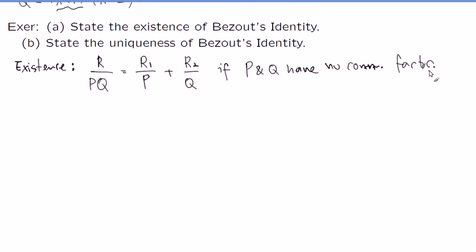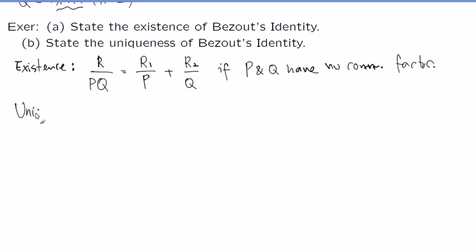No, there's an additional condition on that to ensure the uniqueness. If this is true, then we have existence, if there's no common factors. But if there's an additional condition there, then R1 and R2 are unique. There's no other R1 and R2 that makes these two things equal.